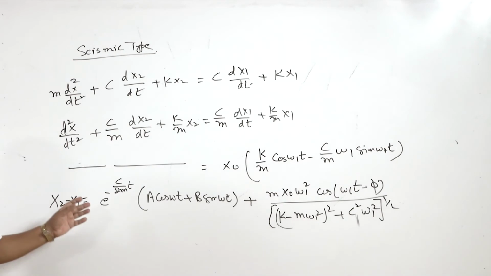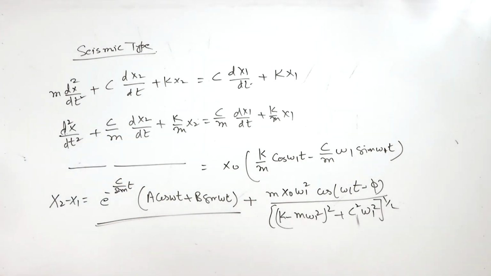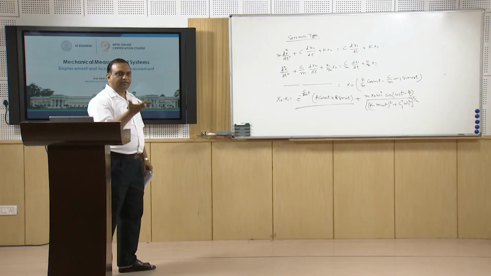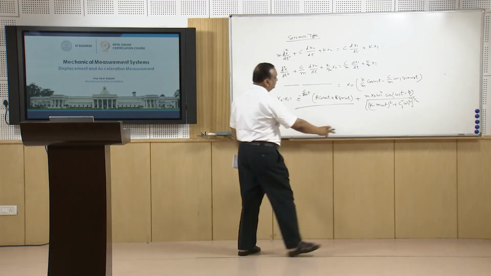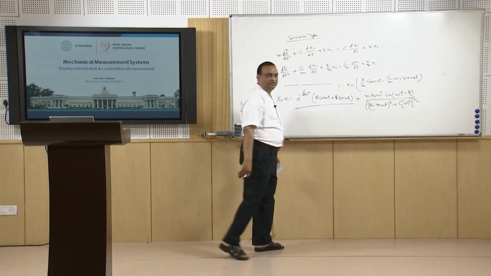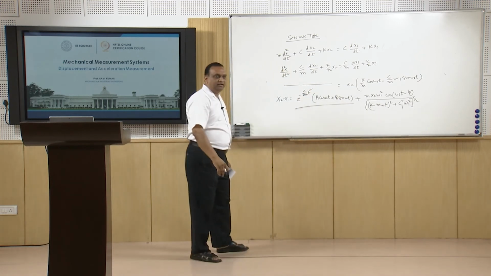We will deal with this as a second order equation. Out of this solution, this part is a transient phenomenon, so it will die out after some time. So if the substrate is vibrating, this is going to be the final response. Because this is a transient phenomenon, with time it will die out, right?